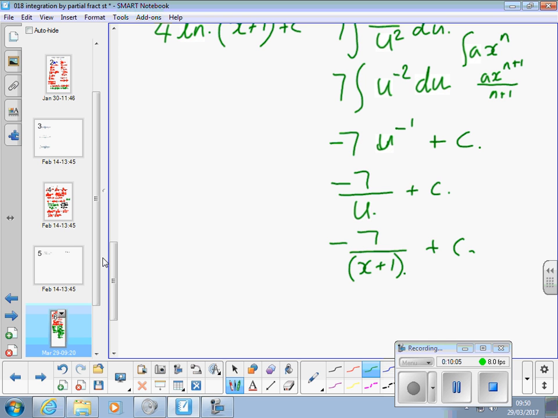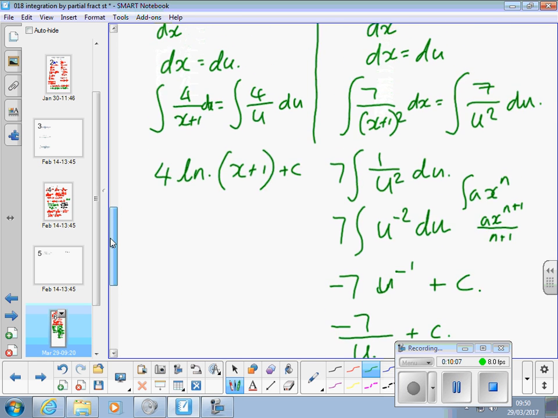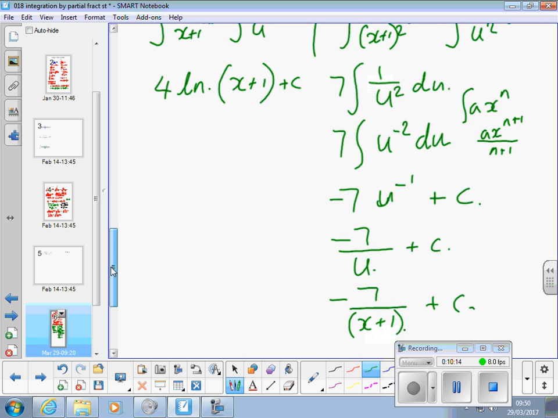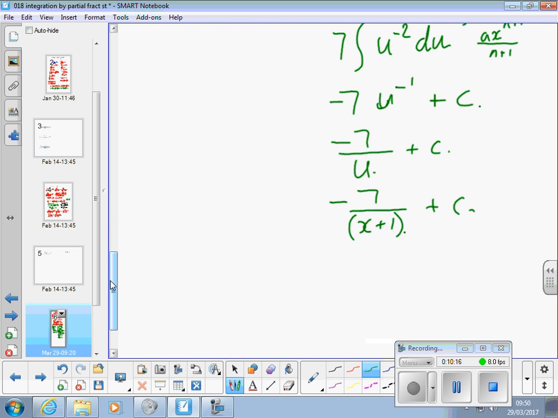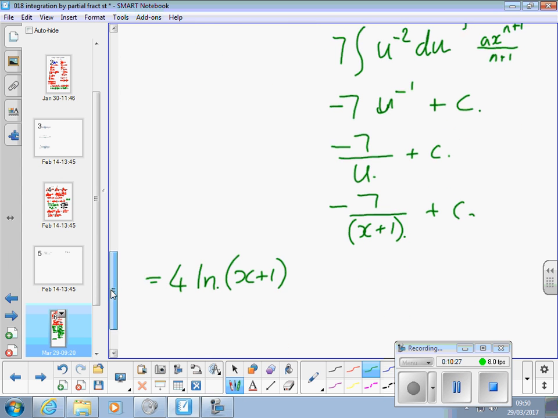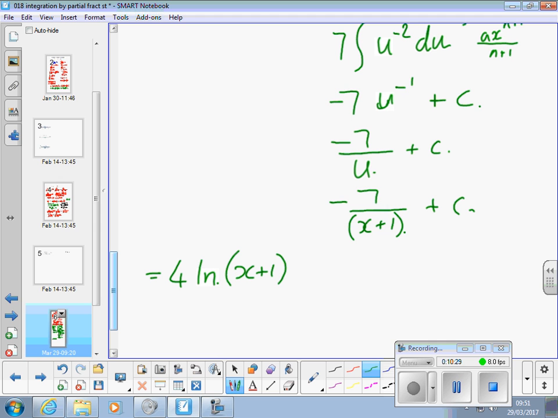So bringing the two things back together, it is 4 over the first, minus minus 7 over the second. So we've got to do the whole thing as 4 ln x plus 1, and then that's minus minus 7, so that must make a plus 7 over x plus 1 plus c.